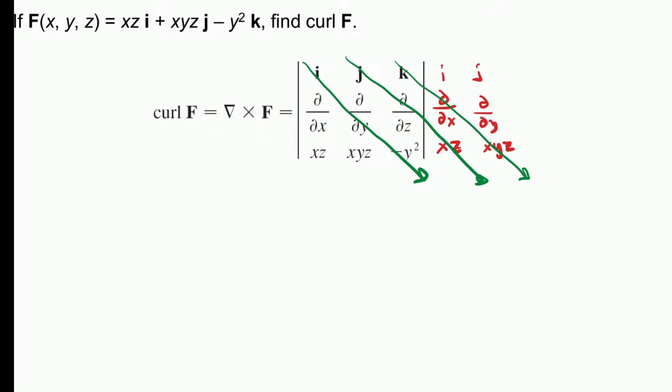You're just going down the diagonals and copying down what it says. So the first one is going to be i times negative 2y. And then I add to this j times x, because that's the derivative with respect to z of this thing.